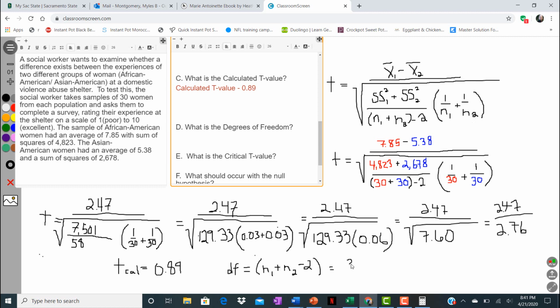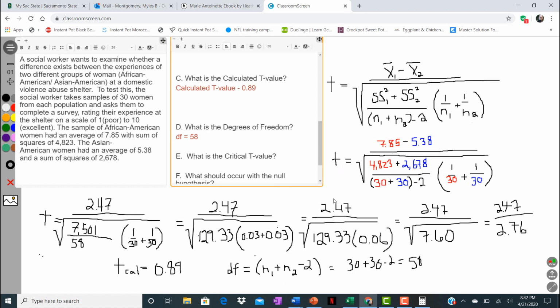This is going to be 30 plus 30 minus 2, equals 58. So when all is said and done, the degrees of freedom, df, we'll go red. df equals 58 because we did that down here.